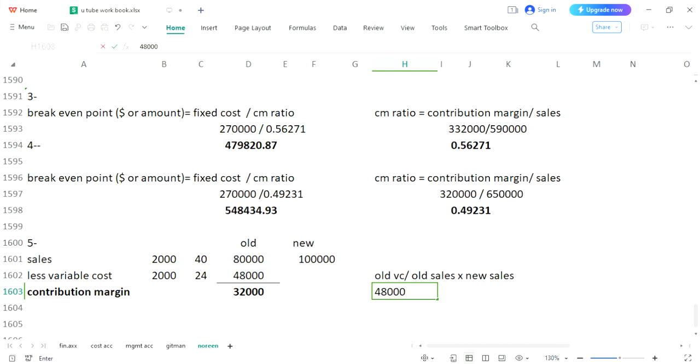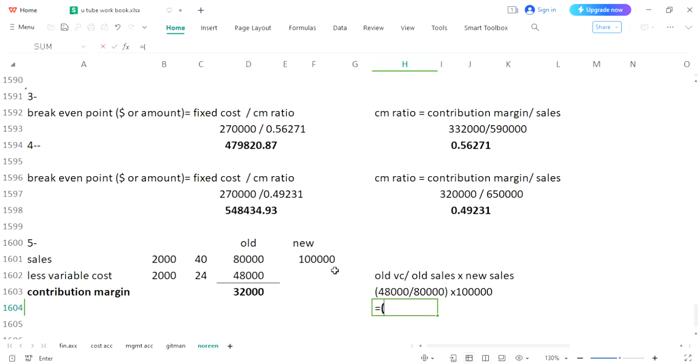Old VC is 48,000 and old sale price is written over here, 80,000. Divide by 80,000, and finally multiply it with new sales. New sale is 1 lakh, so you can put it over here. So you have used a very simple formula: old VC divided by old sales and multiply by new sales. Statement is completed.